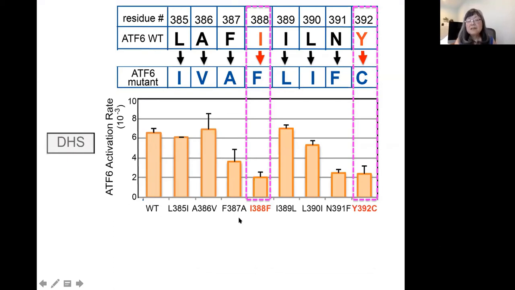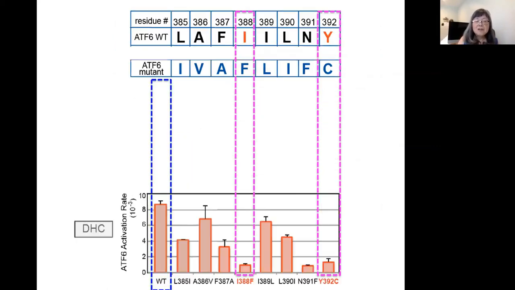What we found is that for the leucine or isoleucine at the 5th position, and the last one, tyrosine, when we change that amino acid to either phenylalanine or cysteine, the level of activation of ATF6 went down, whereas other single amino acid changes did not seem to affect it greatly. This is also true with DHC.